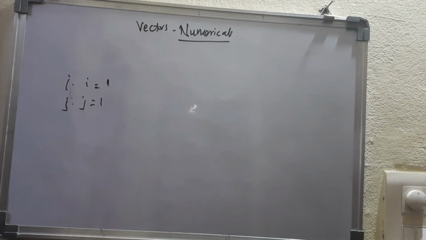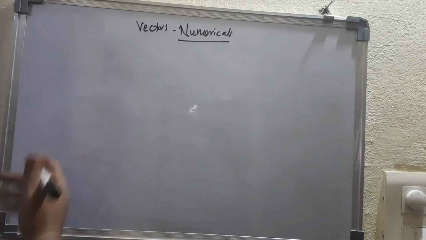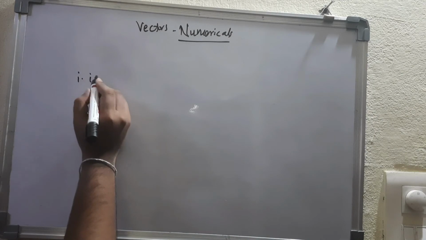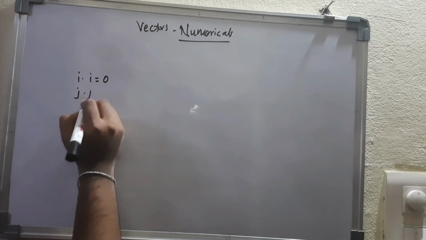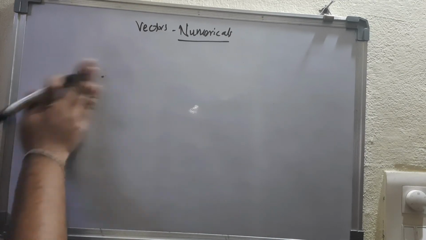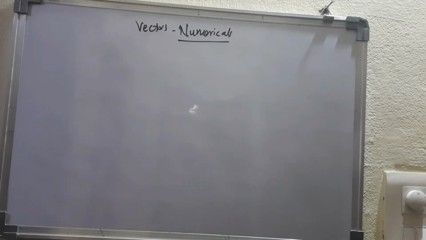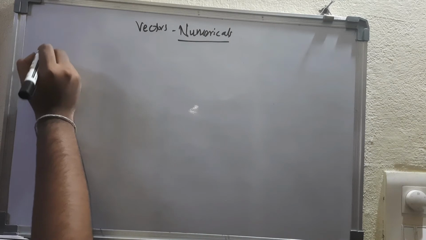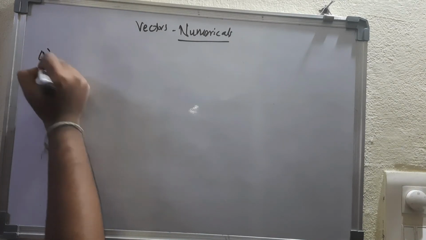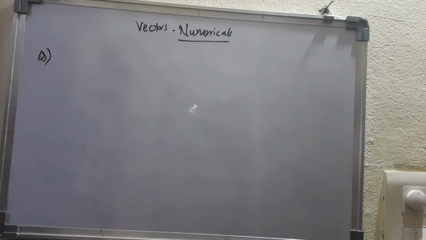Those are simple questions. And for cross product, i cross i becomes 0, j cross j becomes 0. So I did a question on cross product. Now I'll do a question. This will be the last question, I guess, or maybe two.